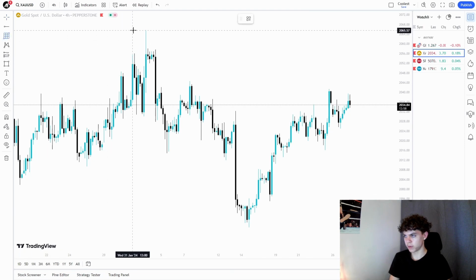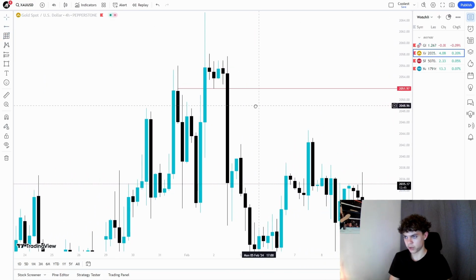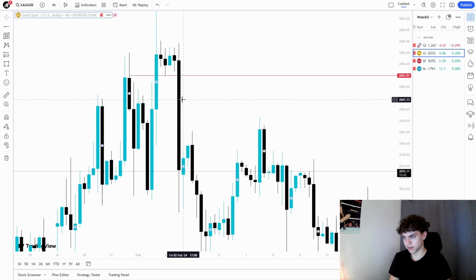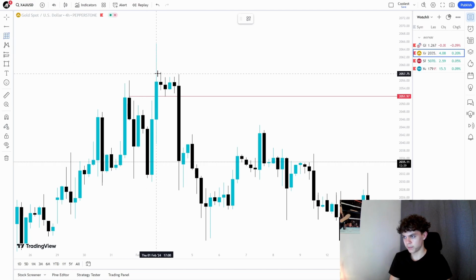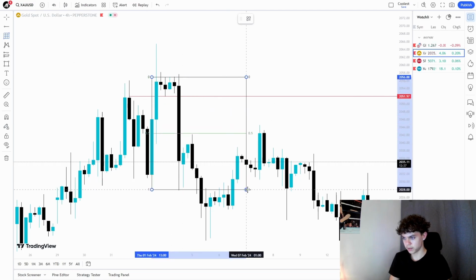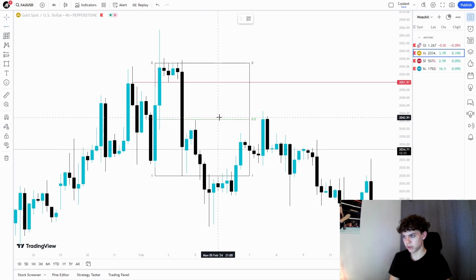For example, we break structure right here. Okay, this is a break of structure. This is also an imbalance. We break structure on the 4 hour right here. Broke structure. Also have the imbalance that needs to get filled. Fills it. But what do we also have? From high to low, to this low, also fills this.